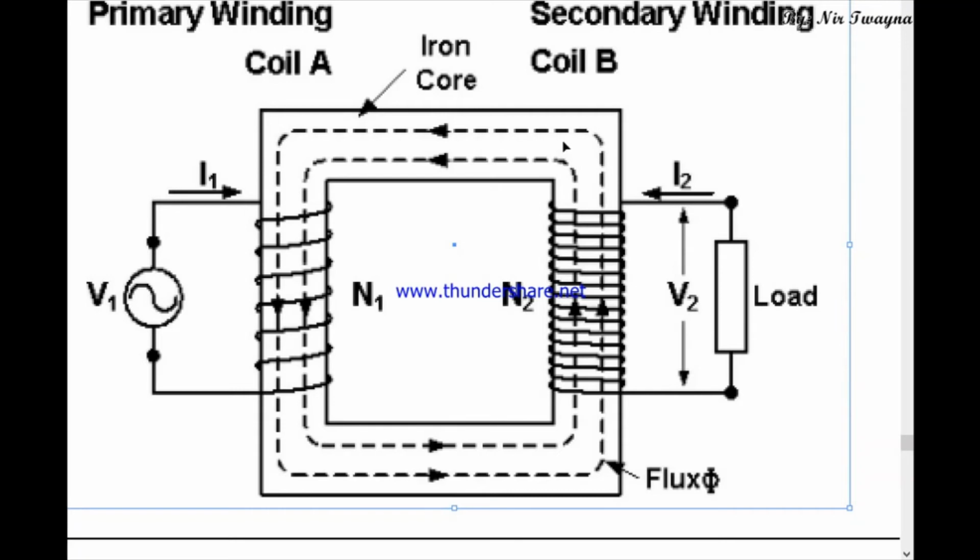The current circulating within the core produces a lot of heat energy, and that current is known as eddy current because it was discovered by the scientist Eddy. Due to eddy current, the transformer core becomes overheated and a lot of electricity is lost in the form of heat energy. That reduces the efficiency of the transformer.